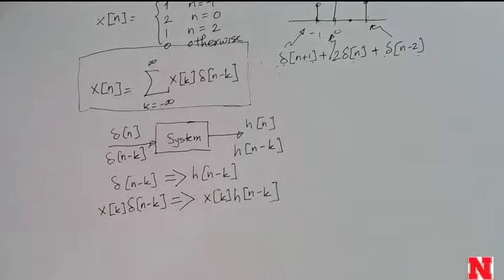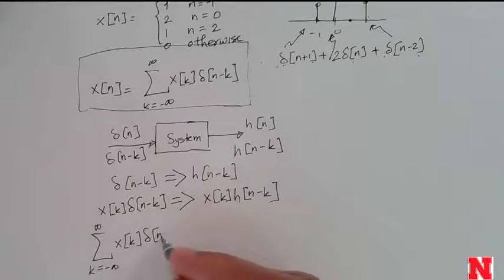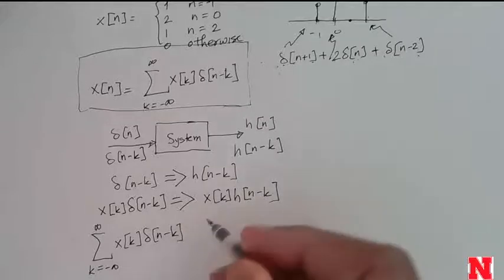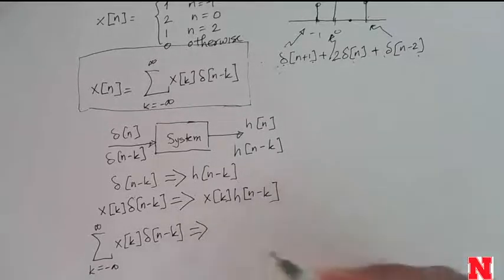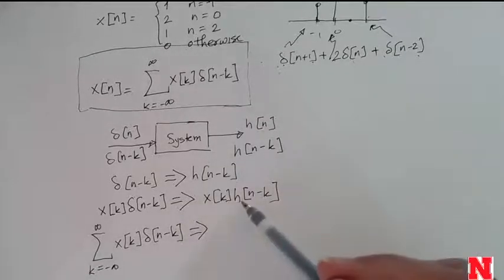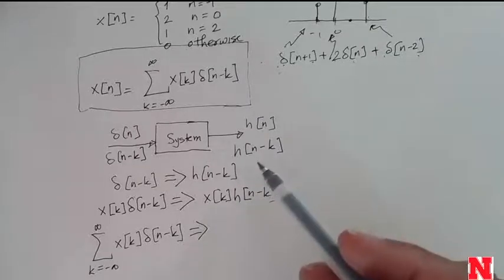And now I can take the sum of this from k equals minus infinity to infinity. And remember, in a linear system, if I take the sum of the inputs, the output is just the sum of the corresponding outputs, right?